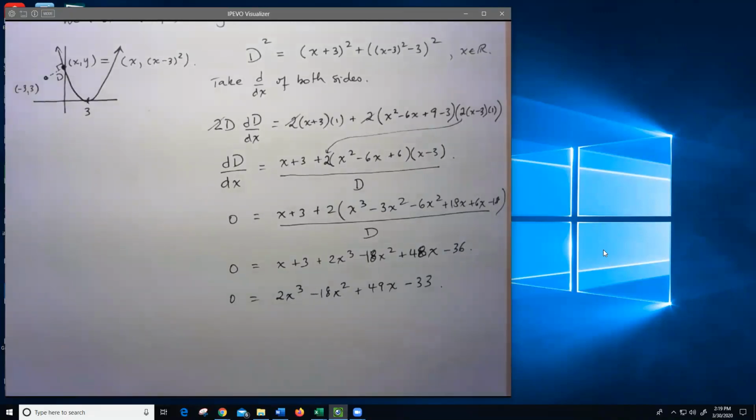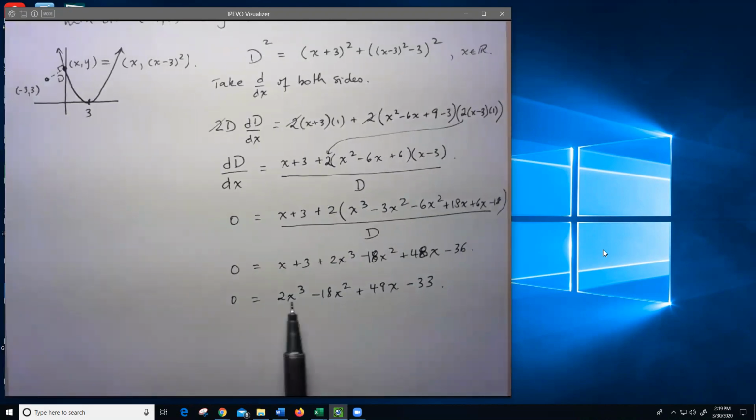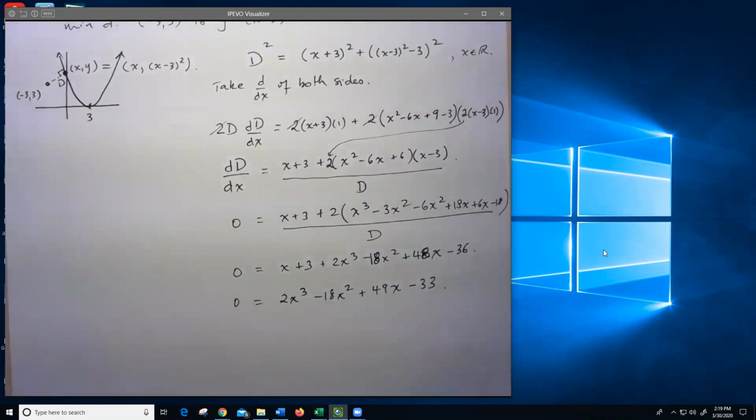Yeah, let's take a look if we can do some grouping. If I take out a 2x, I'm going to have an x squared minus 9, and I will not have an x minus 9. So what's the next option here? What's the only thing left for us here?